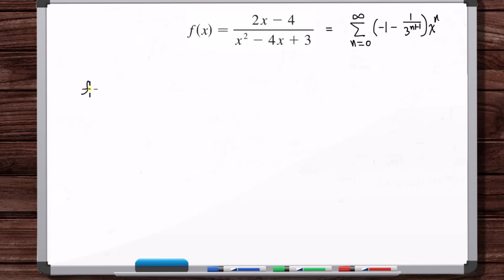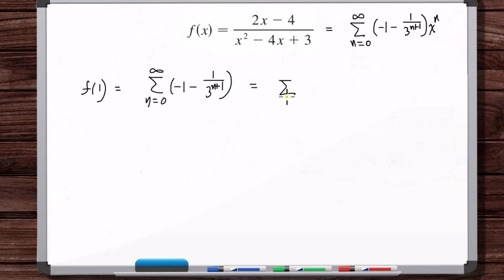Okay, f of 1. Let's plug 1 into the series. When x is equal to 1, 1 to the n is always 1. Is this series convergent?